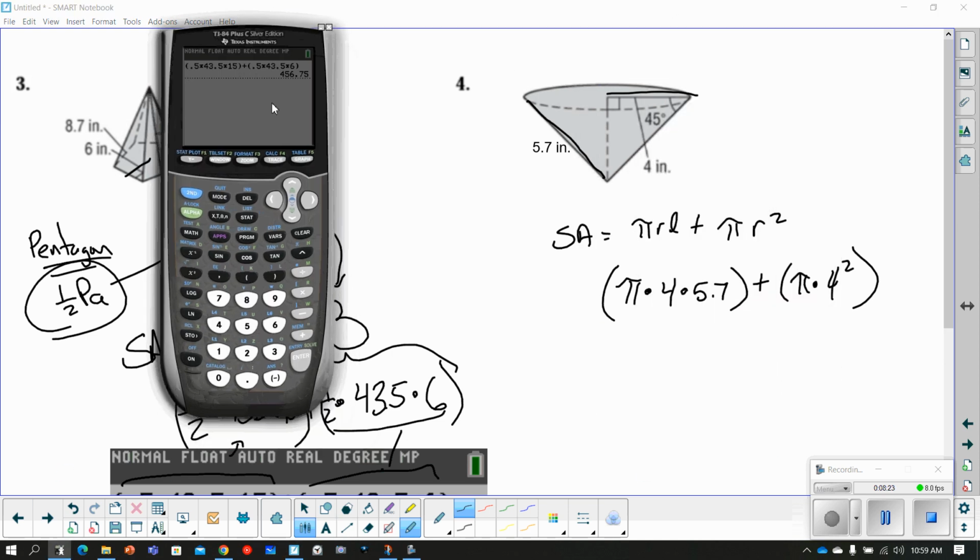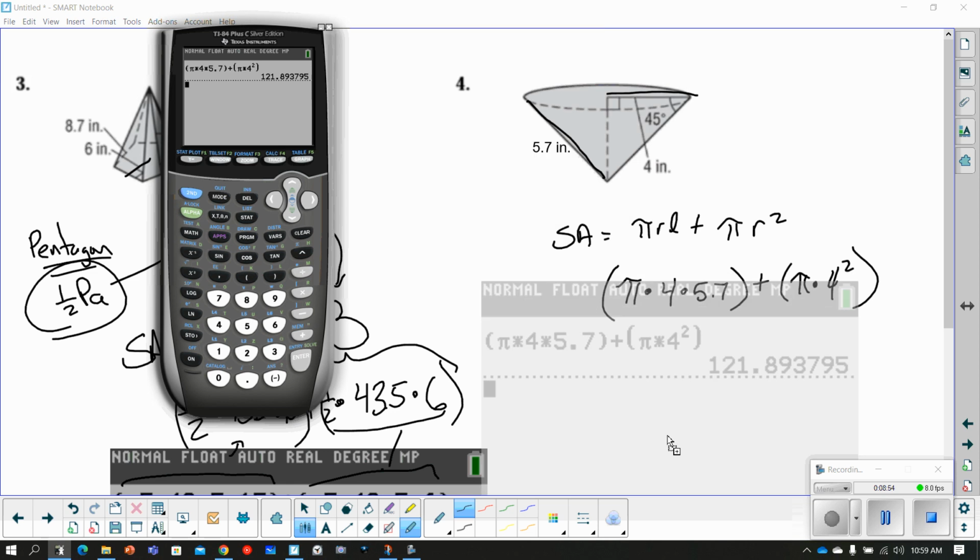All right, so clear this out, parenthesis, pi times 4 times 5.7, close that parenthesis up, plus, parenthesis, pi times 4 squared, 4 to the second power, close that parenthesis up.